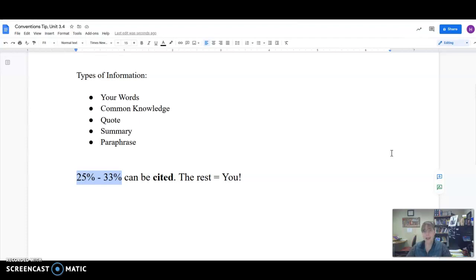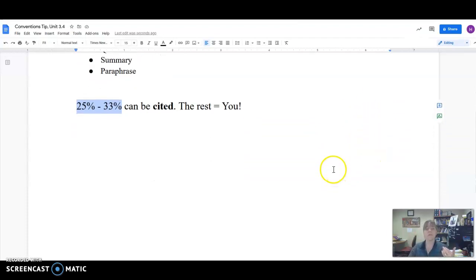Now we're like, hey, this is a research paper. I'm not an expert in this subject, and that's right, you're not. So how on earth are we supposed to make sure that at least 2/3 of the paper comes from you? Well, in Unit 2, we discussed the concept of analysis.